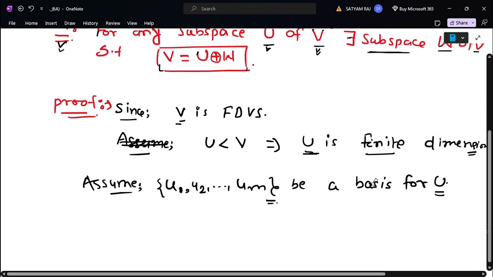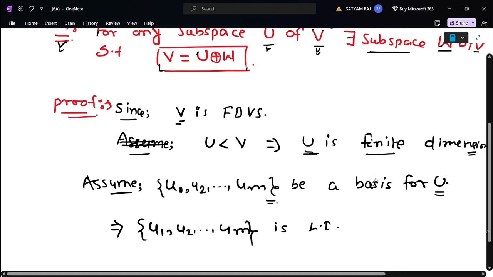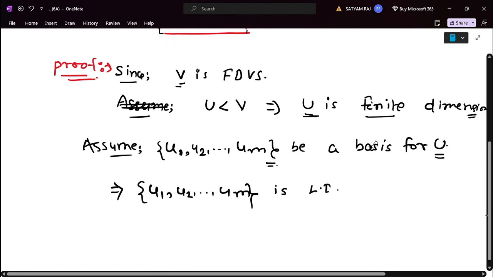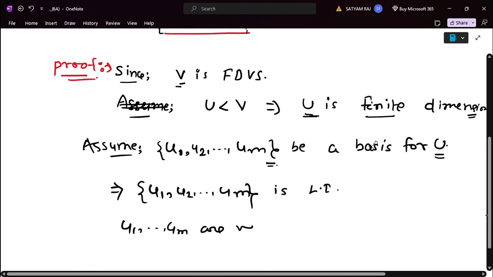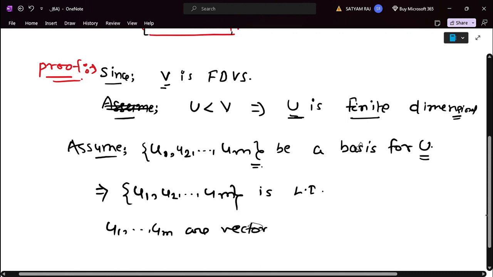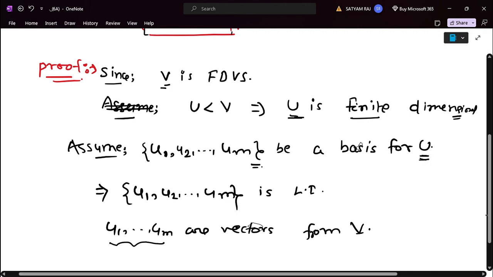Okay, so this is a basis for U, which will imply u1, u2, dot dot um is LI, meaning linearly independent, plus it will also be a spanning set for U. So since it is LI, and u1 to um are vectors from V, since U is a subset of V, in other words a vector subspace, these elements will be in V also.